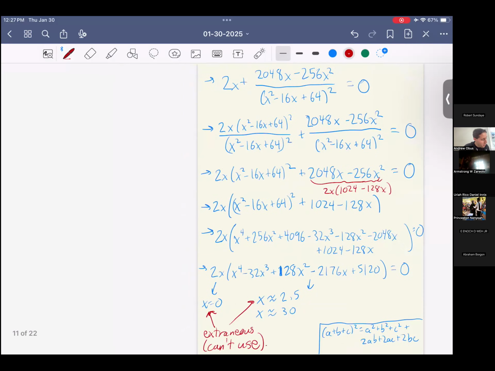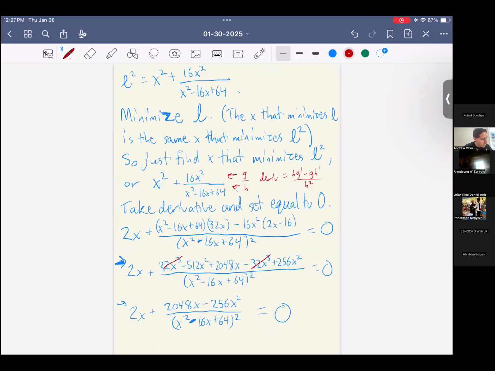So we have to go back and remember, what is our expression for the length? Well, the square of the length is equal to this, which means the length is equal to the square root of this, right? Okay, so let me write that down. Let me get another page.